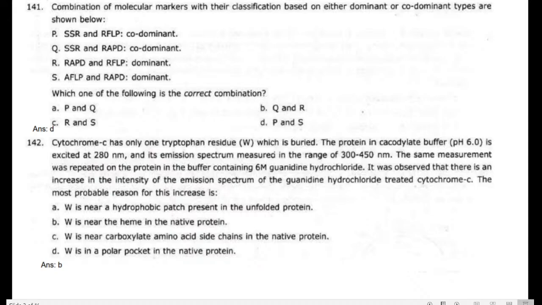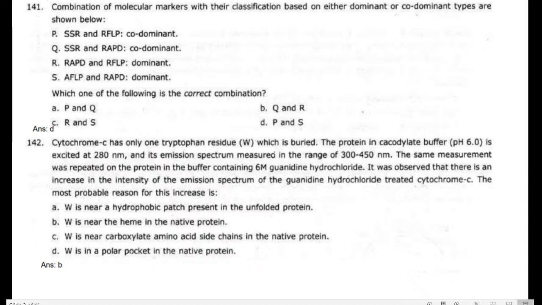Before entering into the answer, we want to know what RFLP and the others are. First, SSR is simple sequence repeats, also known as short tandem repeats, which is a marker.